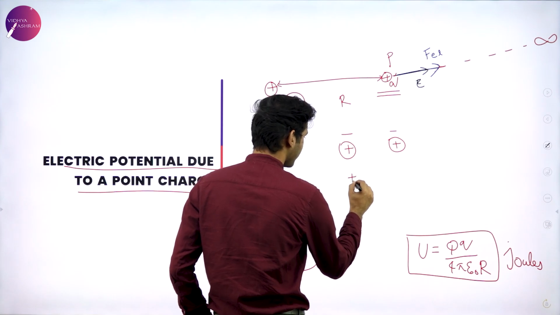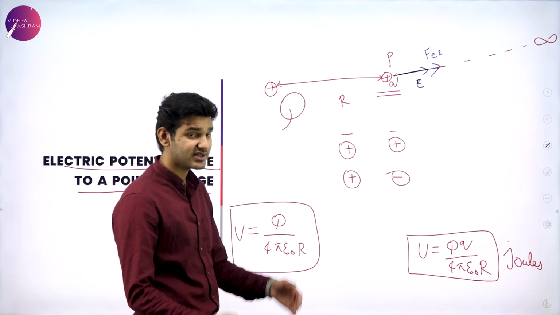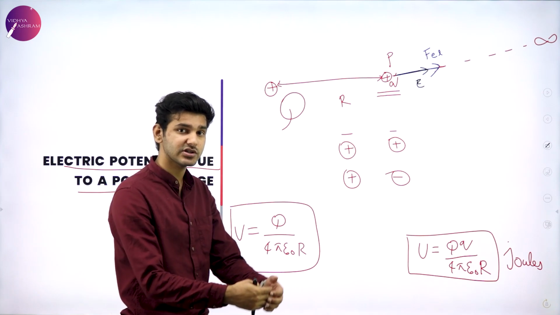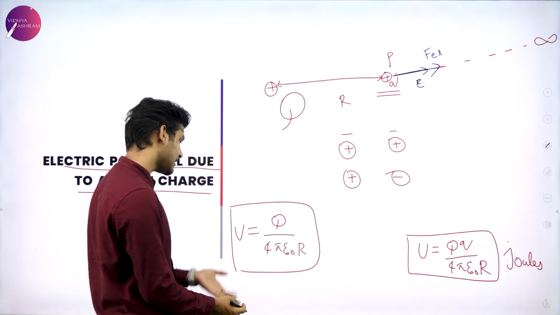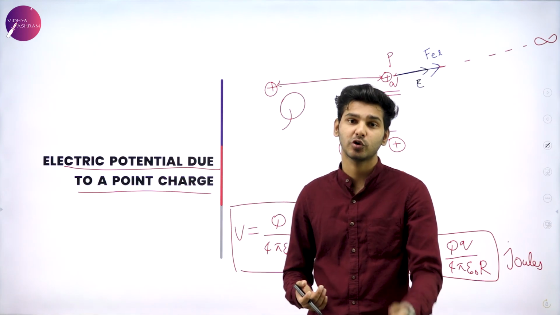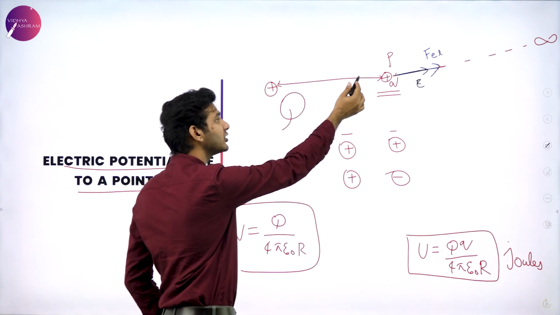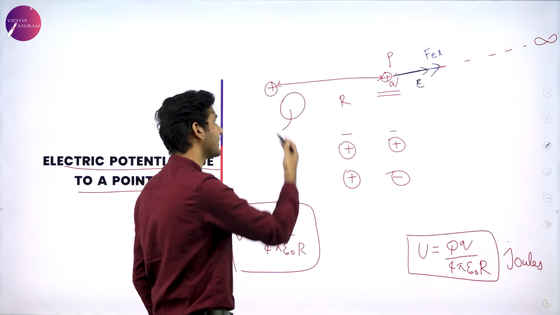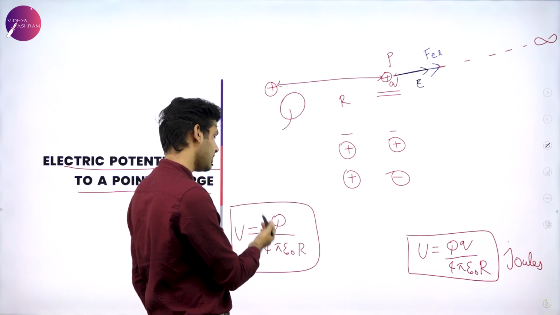If it is positive and negative, then there is attraction between them, which means that the direction is opposite, which can be indicated using a negative sign. So we can say that potential is a scalar quantity, and it can be negative, positive, or zero. What does that mean? If these two are like charges, positive, positive, or negative, negative, then the sign will be positive.